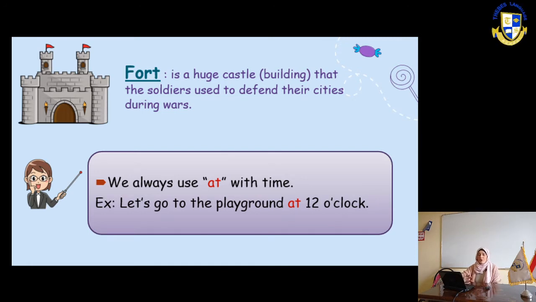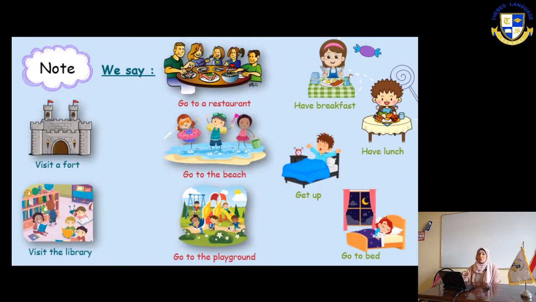Here we have a note. It says that we say go to a restaurant, have breakfast, have lunch, get up. Go to the beach, go to the playground, go to bed.